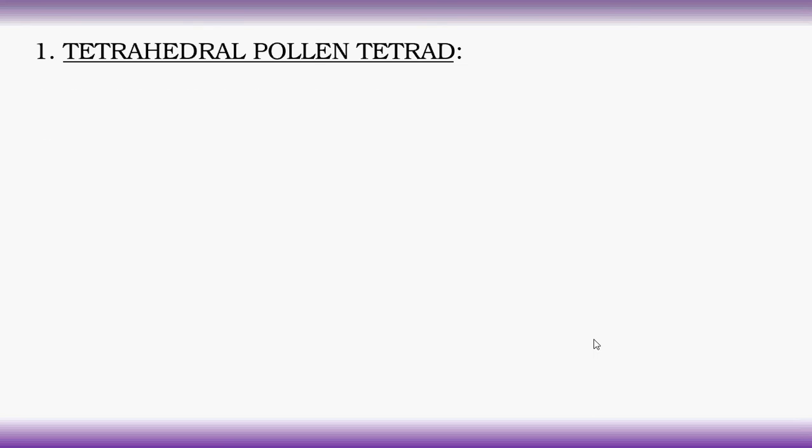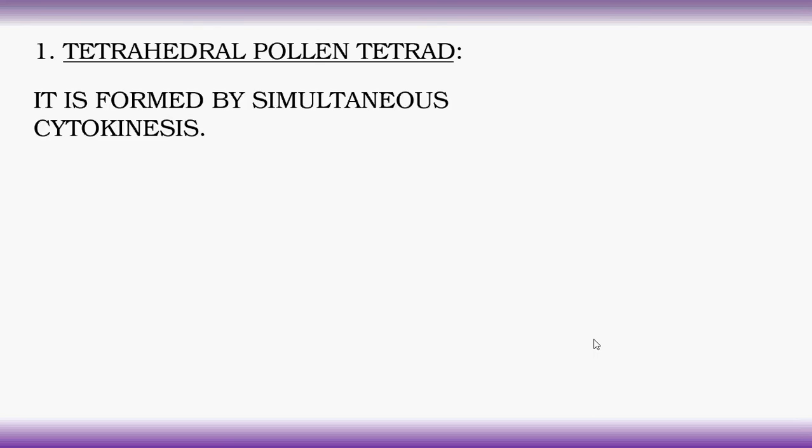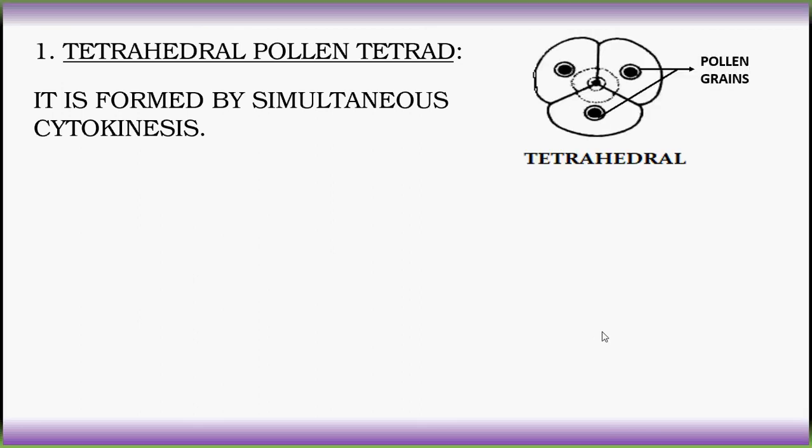Tetrahedral. It is formed by simultaneous cytokinesis, which means the wall formation occurs at the end of meiosis 2. See this photograph. In this, 3 are clearly visible, and the fourth one is mentioned as a circle at the center. That means the pollen grain is present on the opposite side of that.